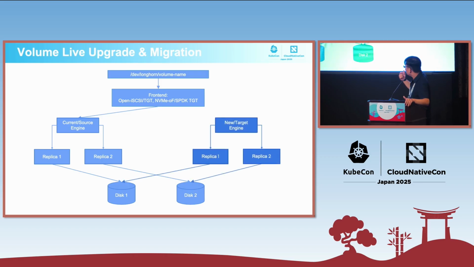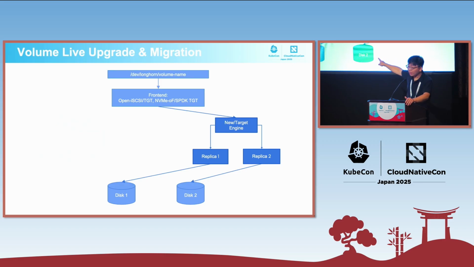The idea is very simple. We create a new engine and new replica processes, and the new processes point to the original disk files. Then we can redirect the I/O to the new engine, then we delete the old one. So that finishes the volume live upgrade or live migration.